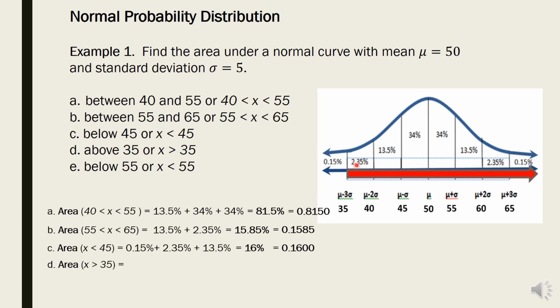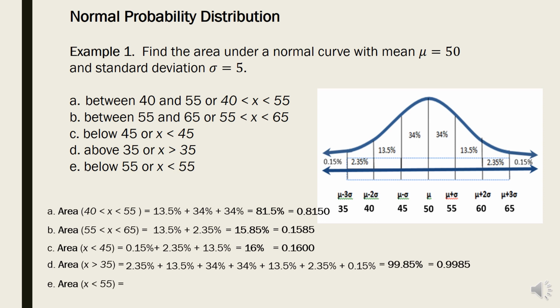So let us start with 2.35 plus 13.5 plus 34 plus 34 plus 13.5 plus 2.35 plus 0.15. So the result we have is 99.85%, or it is equivalent to 0.9985 in decimal form.